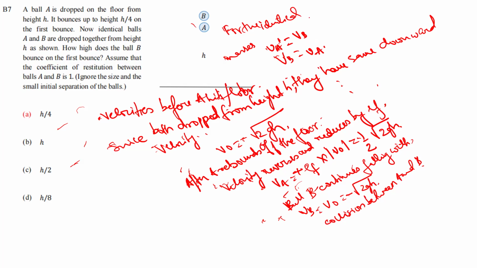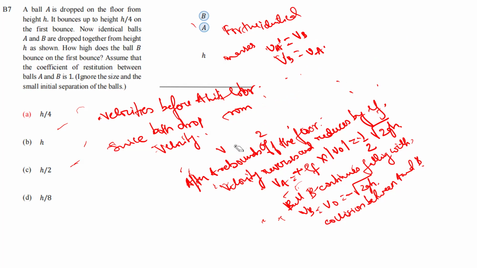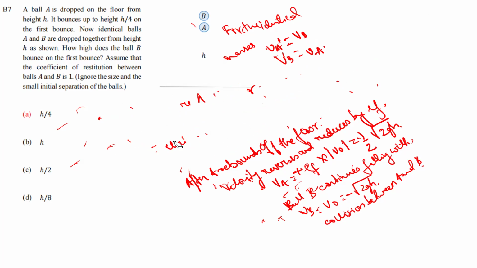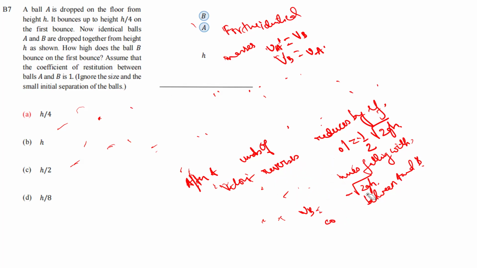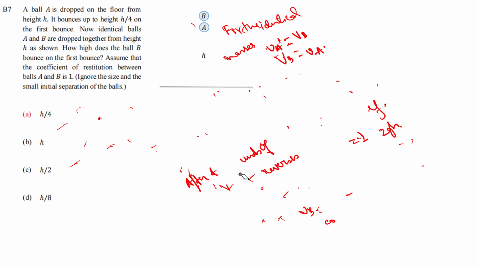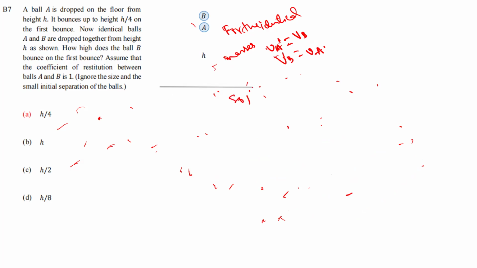So after the collision, we can write VB prime equal to plus half root over 2gh.